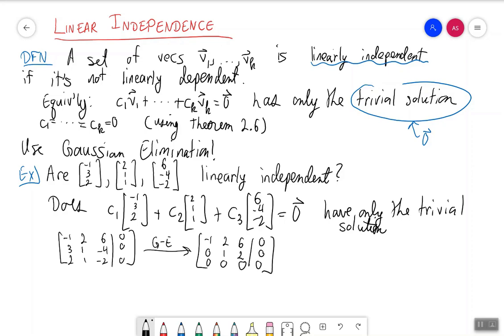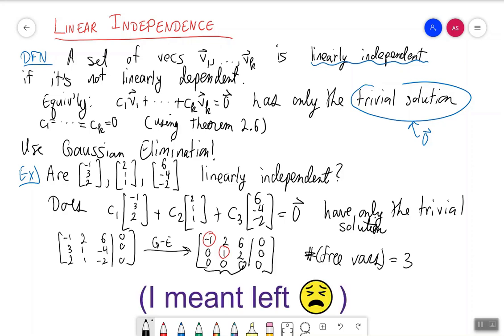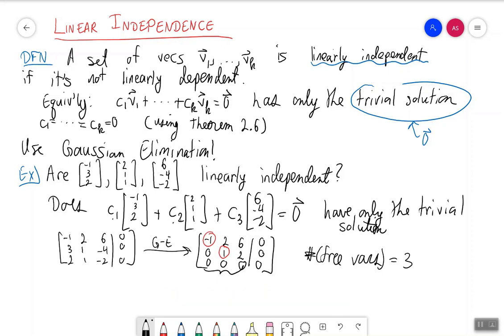And if we look at this, we have two leading variables, which means that we have a free variable. The number of free variables is 3, the number of variables, 1, 2, 3, minus 2 equals 1, which is greater than 0.